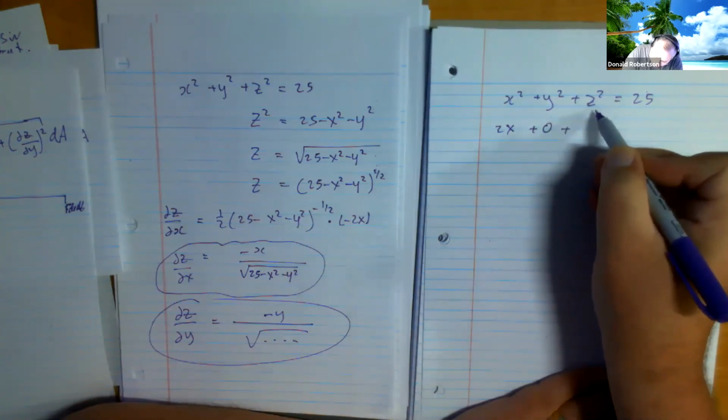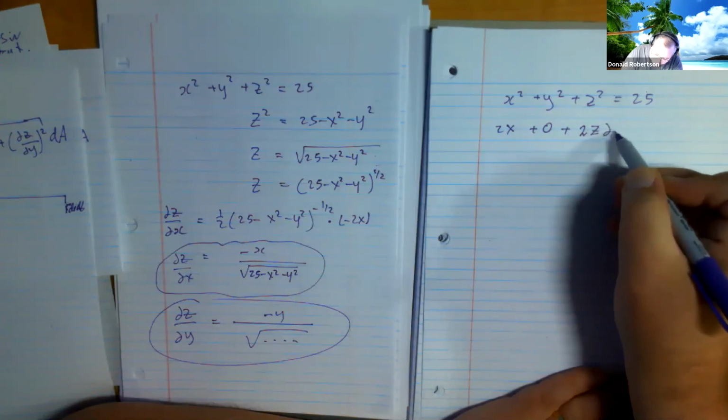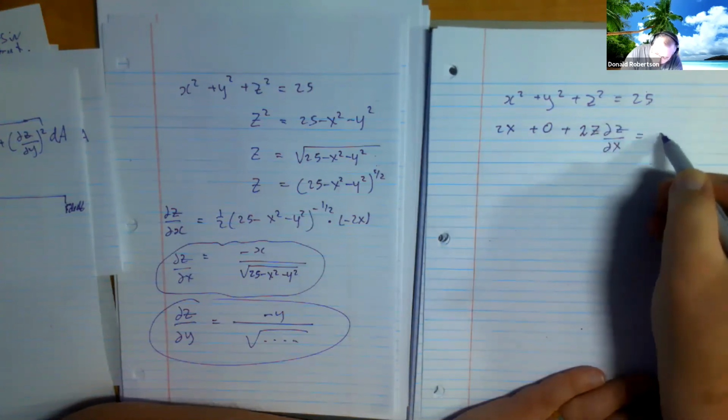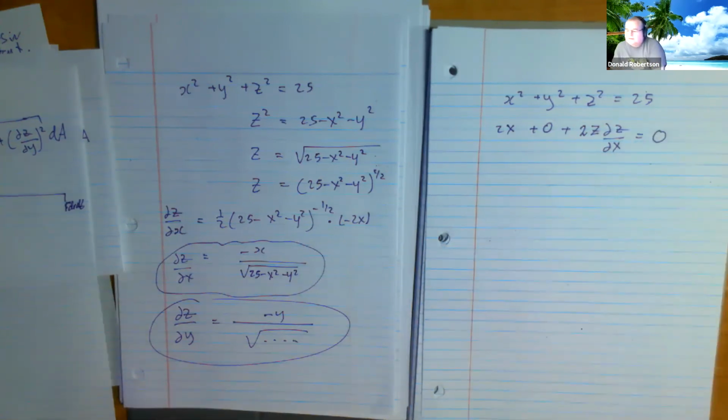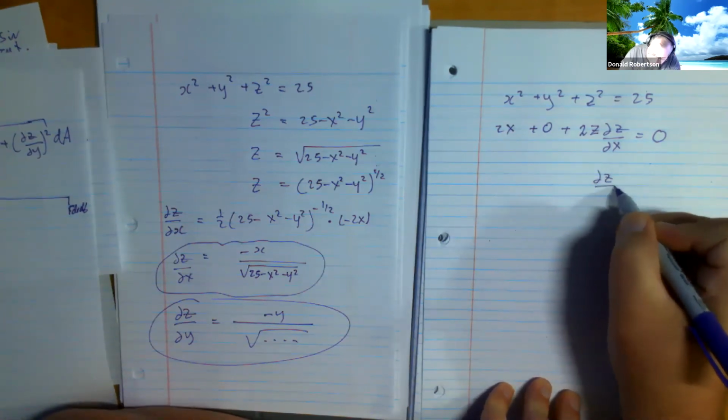If you do this guy with respect to x, you get 2z dz by dx. And if you do 25, you get nothing. It's called implicit differentiation. You remember doing that in one of the earlier sections, where y is considered a constant, but z is considered a function of x, right? So they're treated differently.